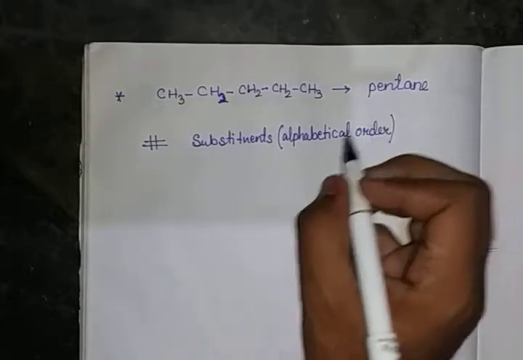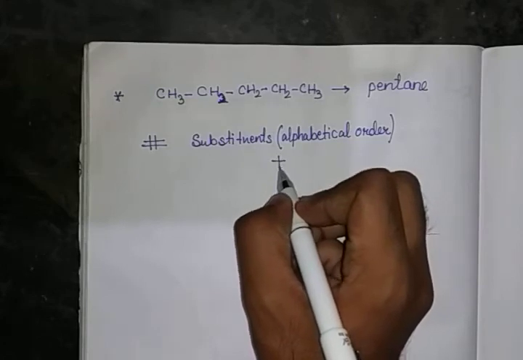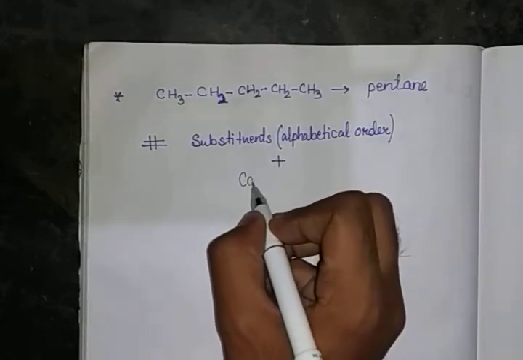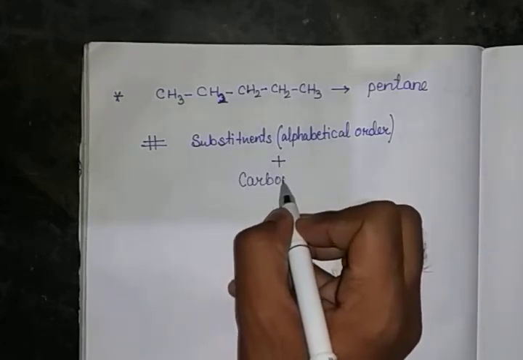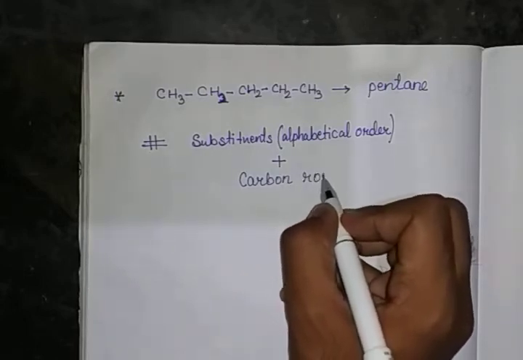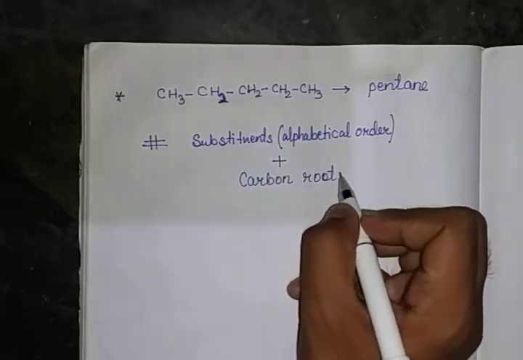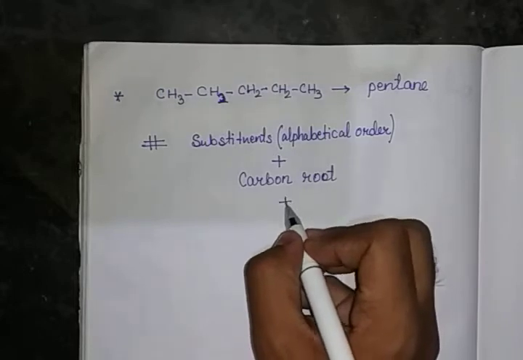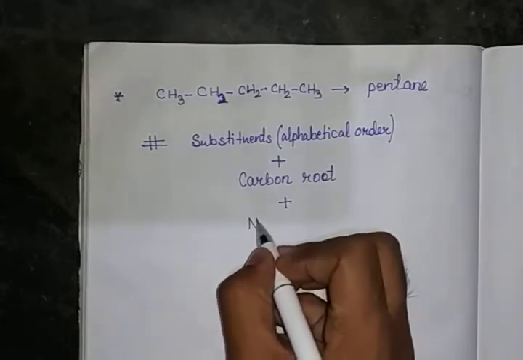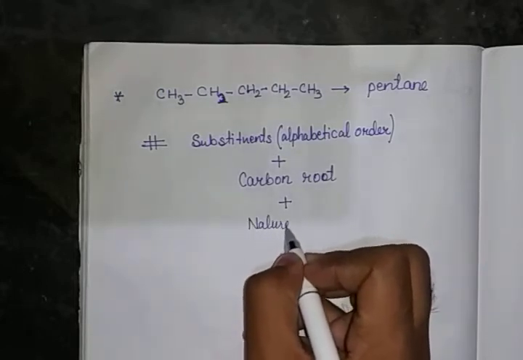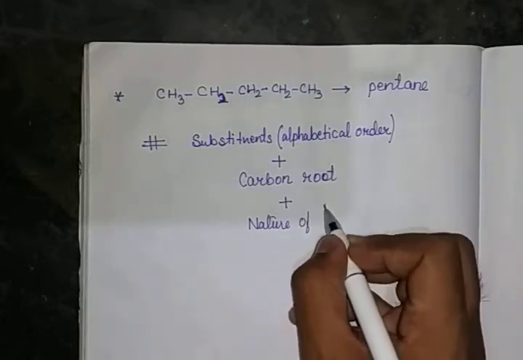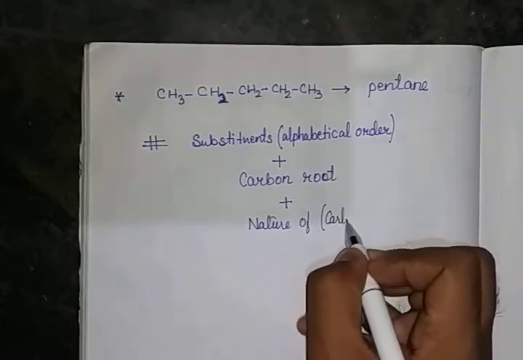Then after that, we have to write the carbon root. Carbon root means how many carbons are present. Then after that, the nature of bonds. Nature of carbon-carbon bond, actually.